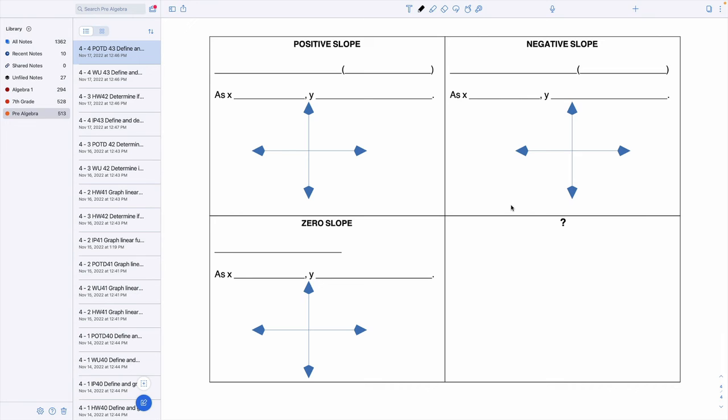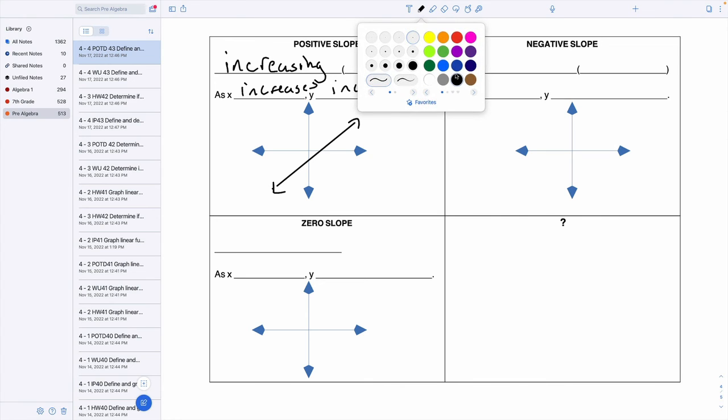Okay, last section of notes. If it is a positive slope, it is going to be increasing. So as x increases, y also increases. Draw a slope anywhere along, as long as it is positive.